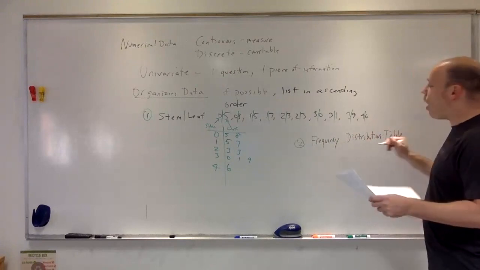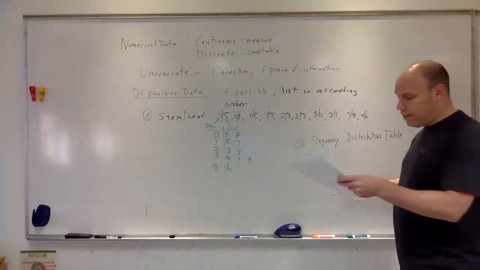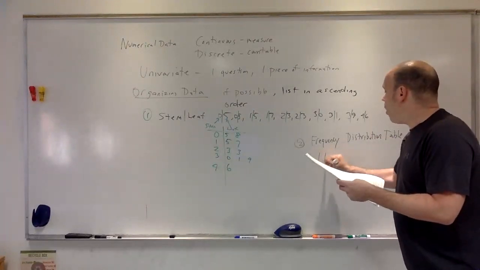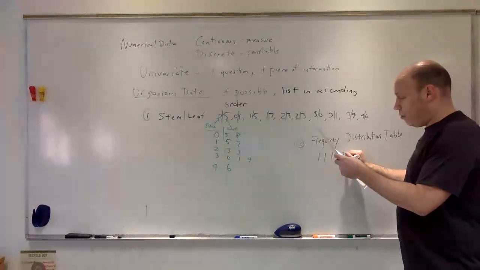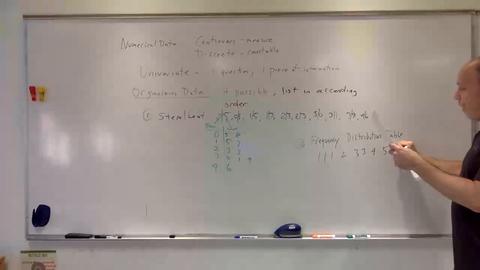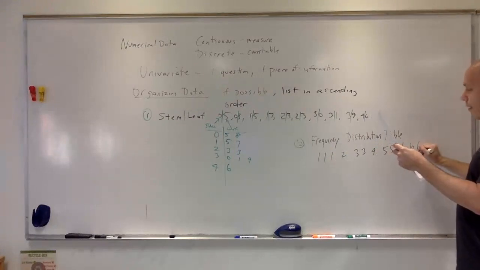These generally have two columns. Let's assume here's some data: 1, 1, 1, 2, 3, 3, 4, 5, 5, 6, 6, 6, 6.